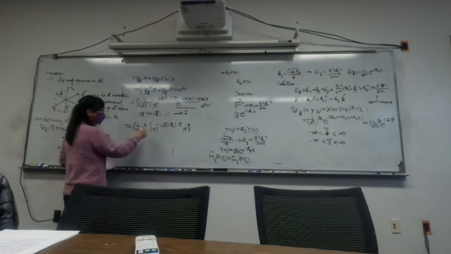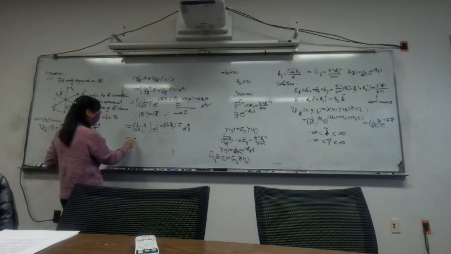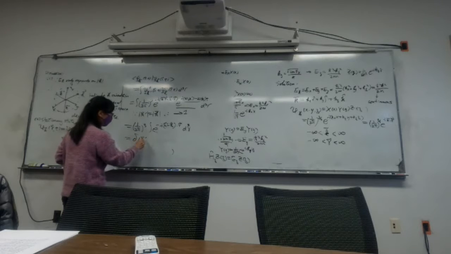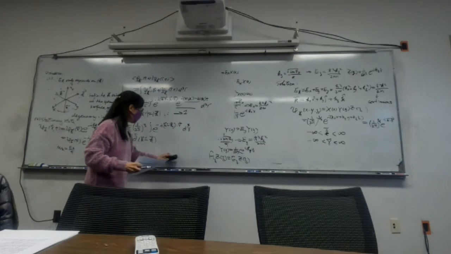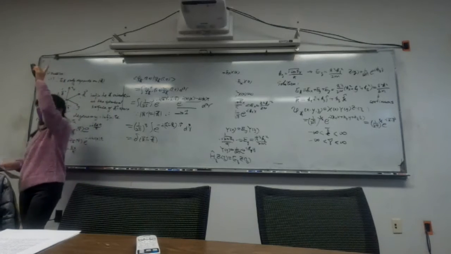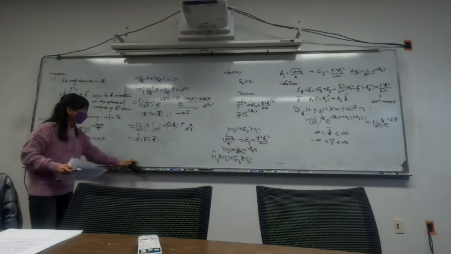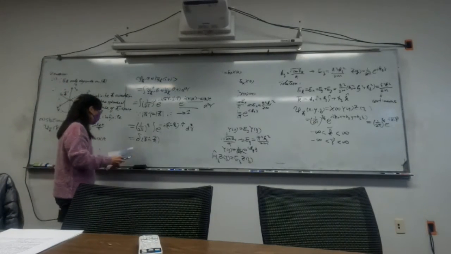We know this is a delta function: when k prime is not equal to k, it is 0. If equal, the singularity goes to infinity. That gives us orthonormality.